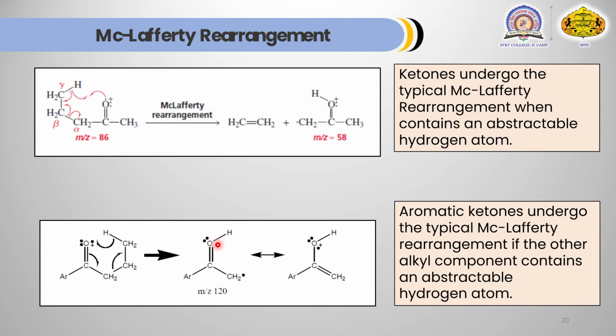It is a cation radical, with a positive charge and a radical, and the m/z value of this is 120 if Ar is equal to Ph, and this is the isomeric structure of this ketone. Aromatic ketones undergo the typical McLafferty rearrangement if the abstractable hydrogen atom is present.